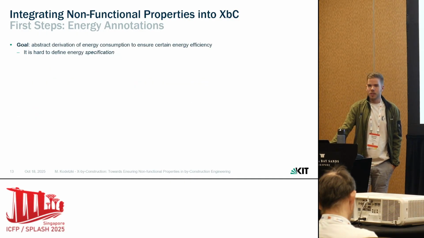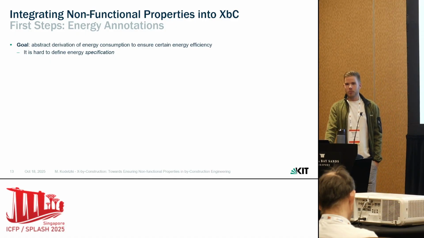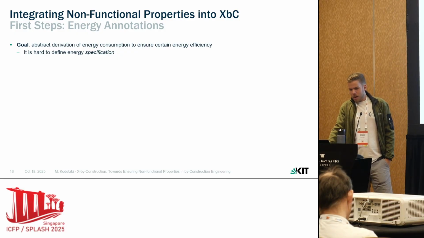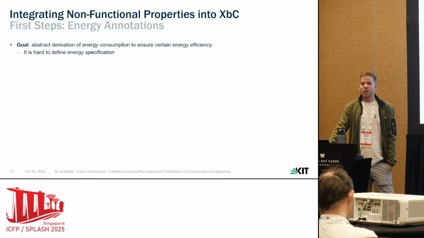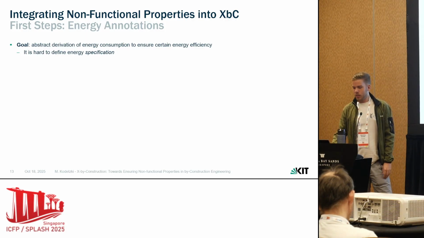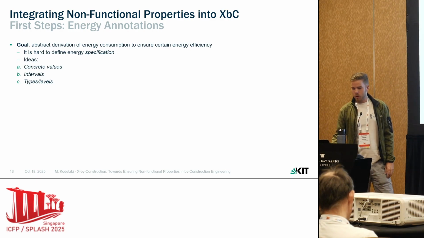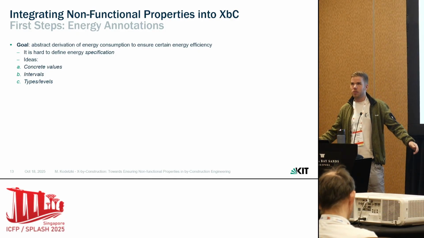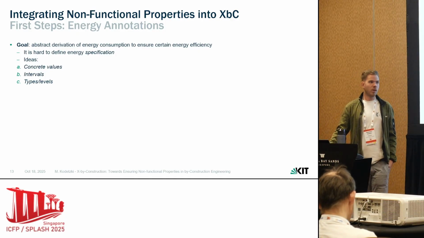The first step, as I said earlier, is that we need to have some sort of specification for energy. And we want to stay abstract, so it's hard to say how that specification would look. We had different ideas of having concrete values. Our program should maybe, as an upper bound, consume 5 joules.